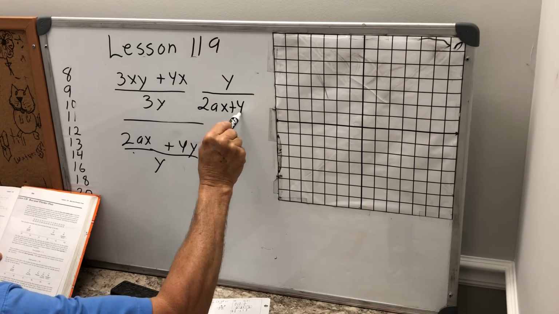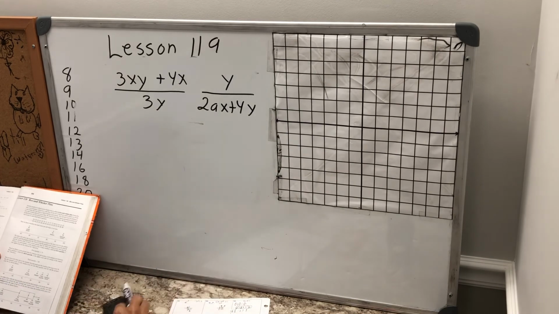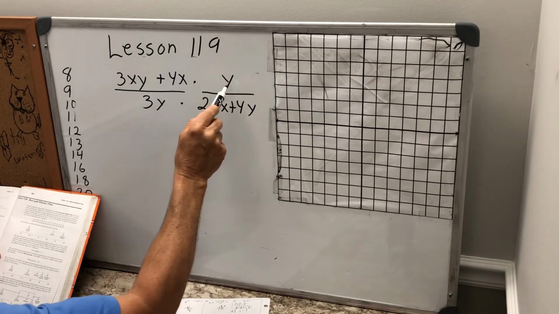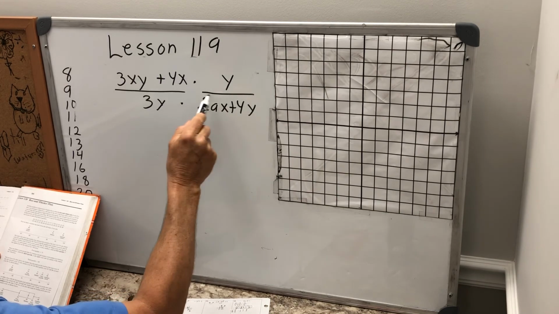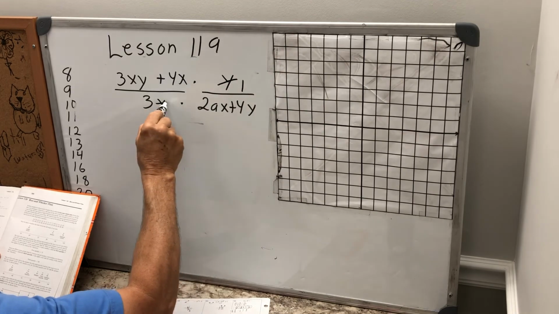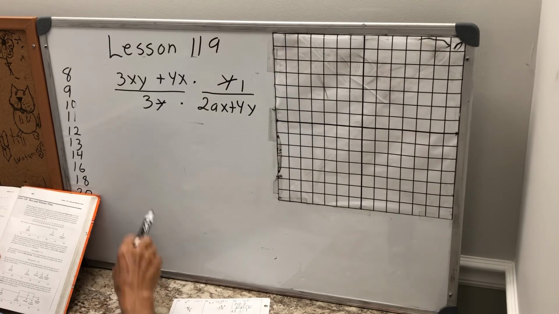2ax plus 4y. Multiply this times this and this times this. Well, first off, we can cross cancel. We can cross cancel the y's. That does maybe with the one, and cross cancel this. The 3 times 1 is still that. Now we're ready to multiply.